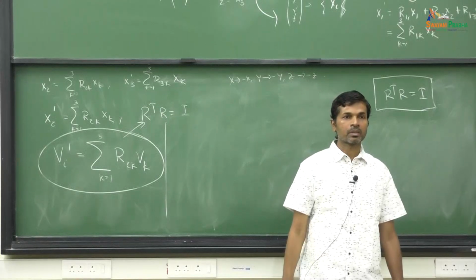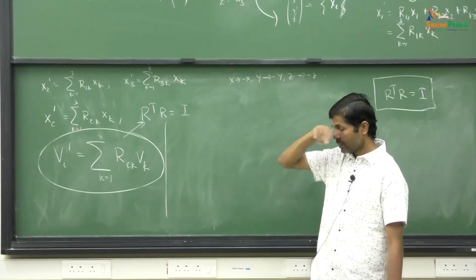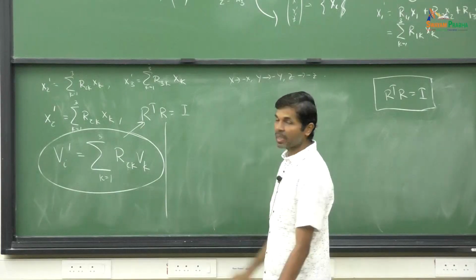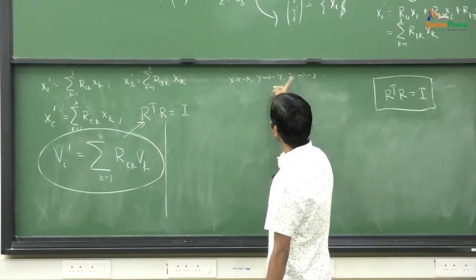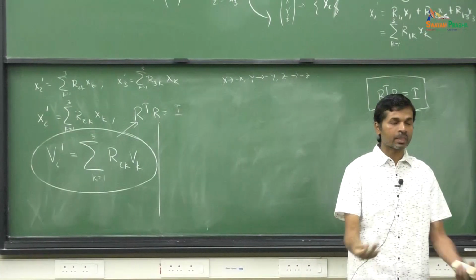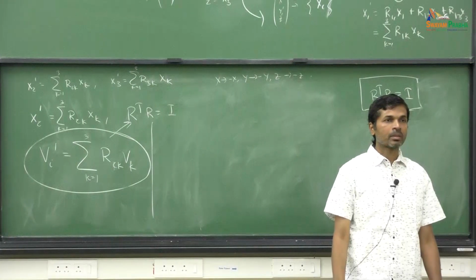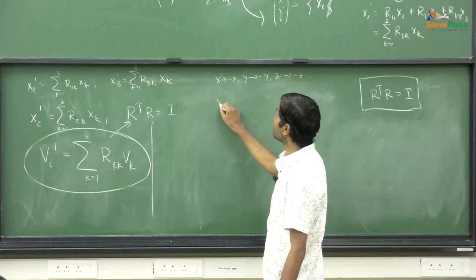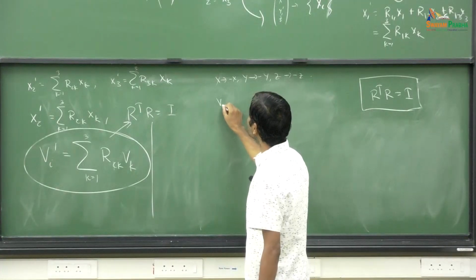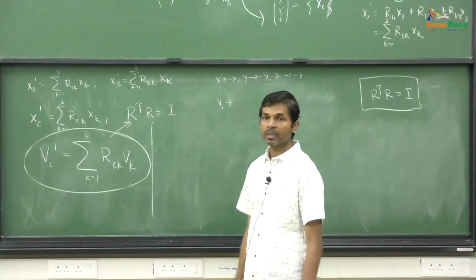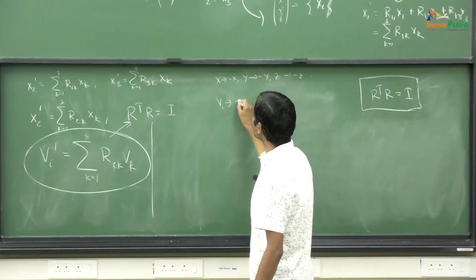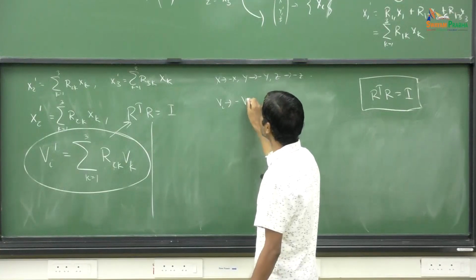Okay. And if you take the position vector, obviously under parity transformation, the components go to minus themselves. Now you take some vector v. Let's say the components under parity go to minus of themselves.